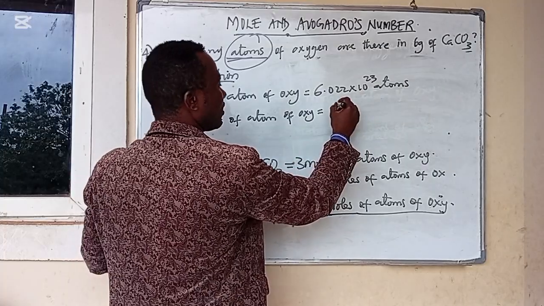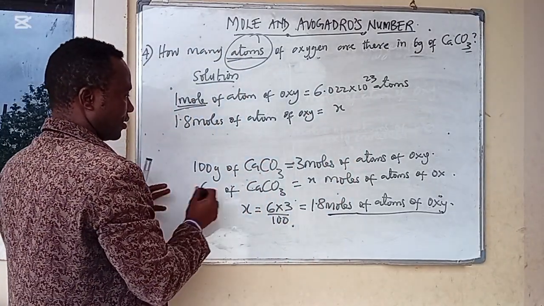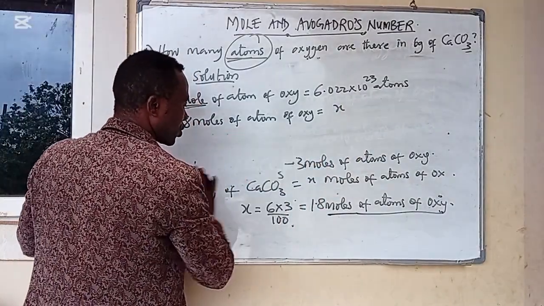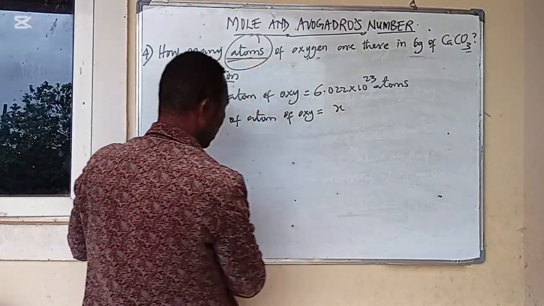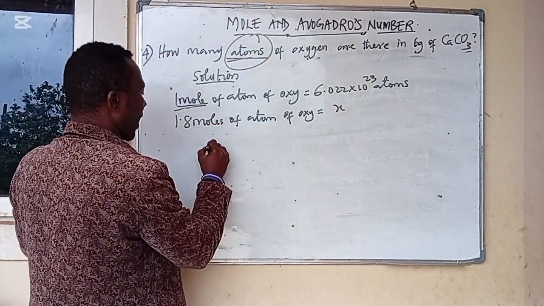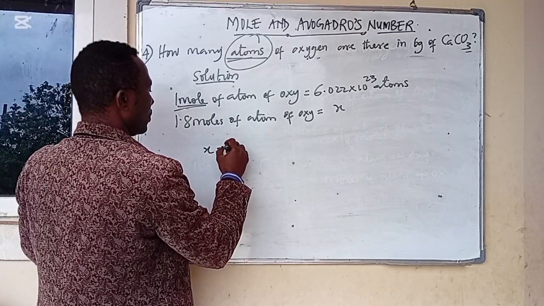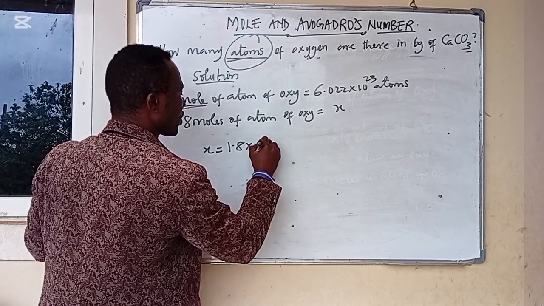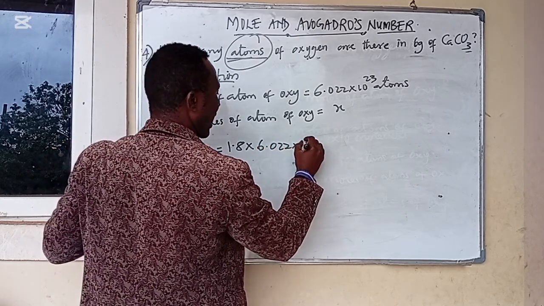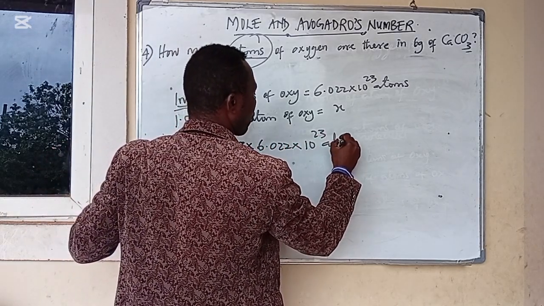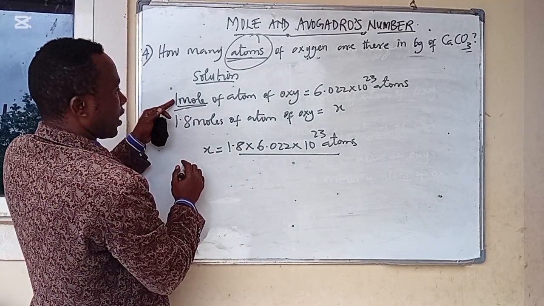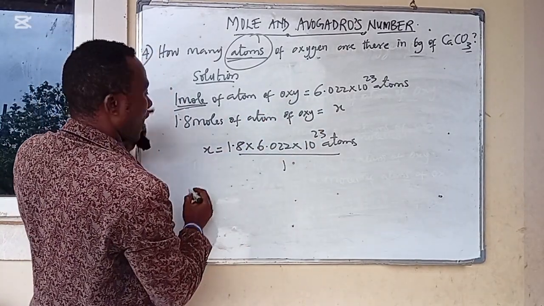How many atoms will it give us? Take it to be x. So we are now converting from moles of atom to atom. So if we do the calculation, my x will be 1.8 times 6.022 times 10 raised to 23 atoms, divided by 1. This multiplied by this over 1.